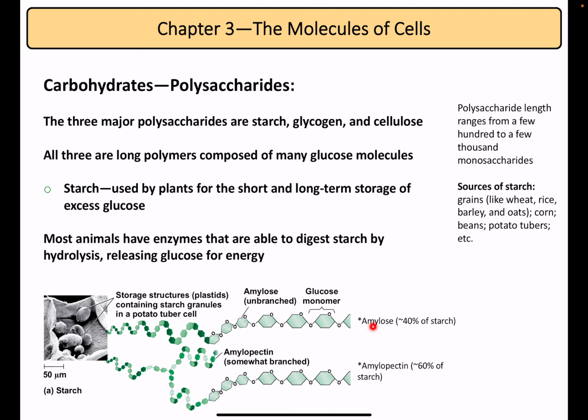And then I know there's asterisks here, but I just want to mention this. This kind of relates to nutrition. There are two different forms of starch. Now, different foods have different proportions of these two types of starch. And nutritionally, the form of starch that is more healthy for you is this one on top. It's called amylose.